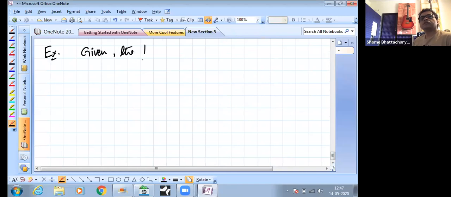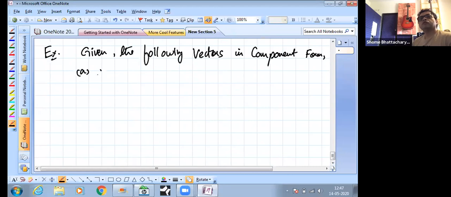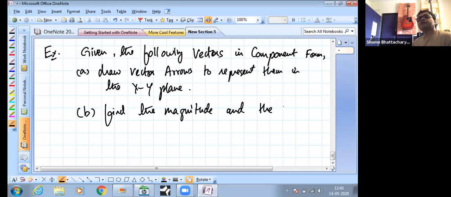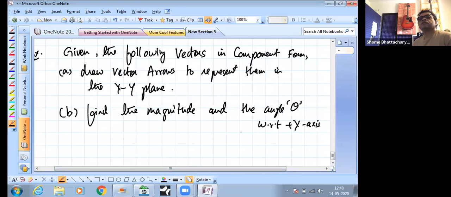So, given the following vectors in component notation, we have to draw the vector arrows to represent them in the xy plane, and also find the magnitude and the angle theta with respect to the positive x-axis for each of them.